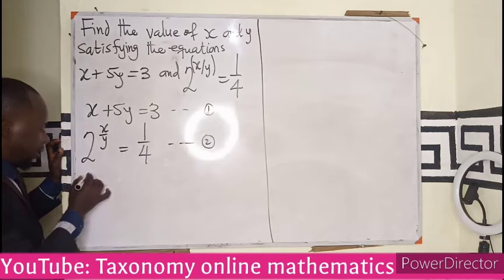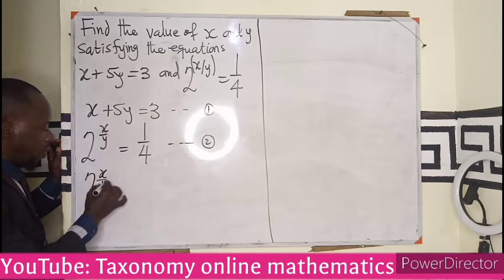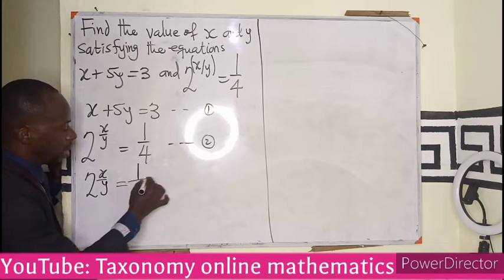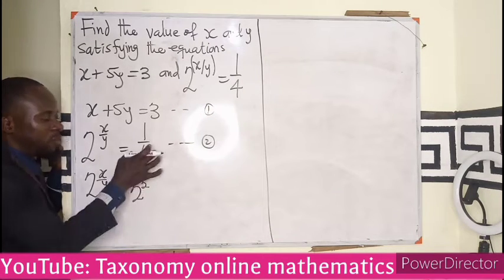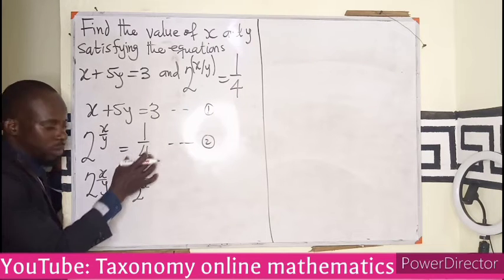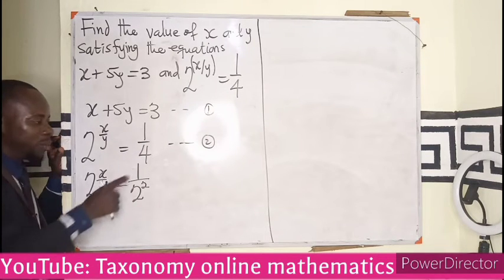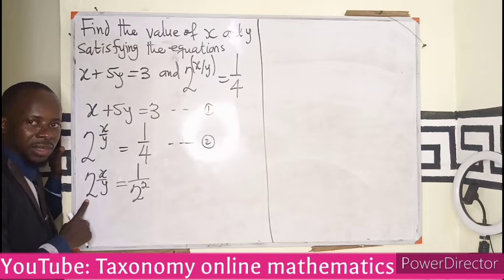So I'll have 2^(x/y) = 1/2^2, since 2^2 gives me my 4. I have not changed the question; I am only breaking this to the same base.